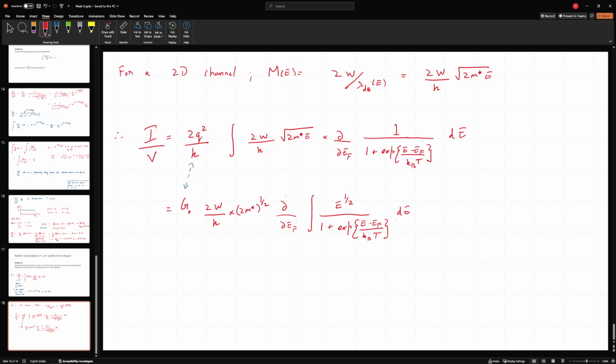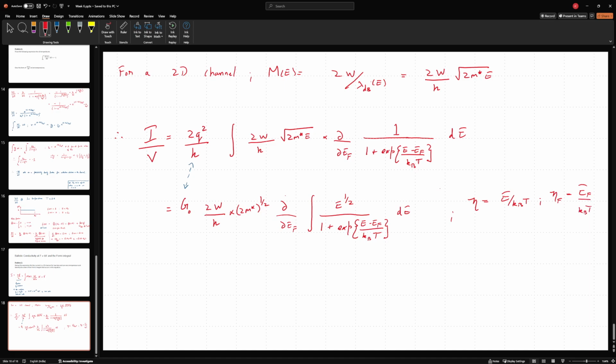So this is what we have. Now, what I can do is make the following variable transformation. I can say eta should be equal to E by kBT, and subsequently eta F is equal to EF divided by kBT.